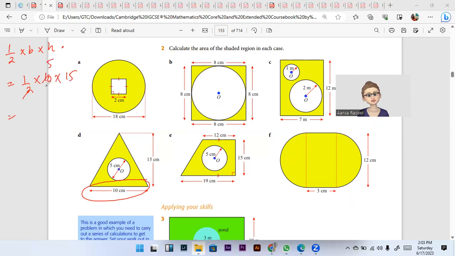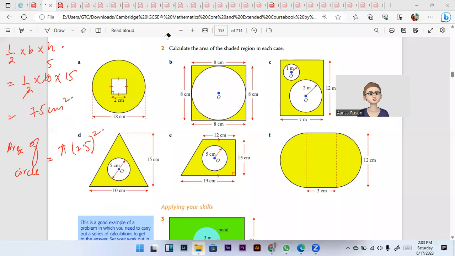Half of 10 is 5, and 15 into 5 is 75. So 75 centimeter square. Whereas what is the area of the circle? Area of circle is pi 2.5 squared. Why 2.5 squared? Because this diameter is 5 centimeter.